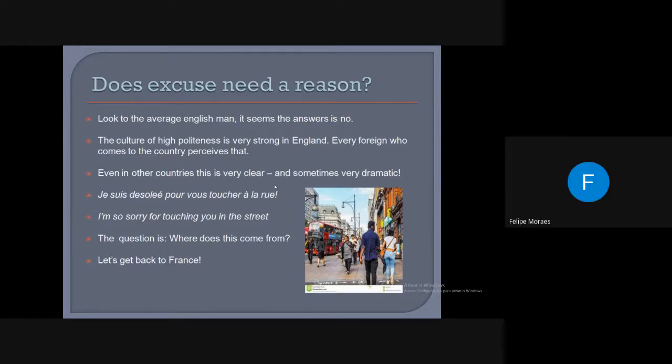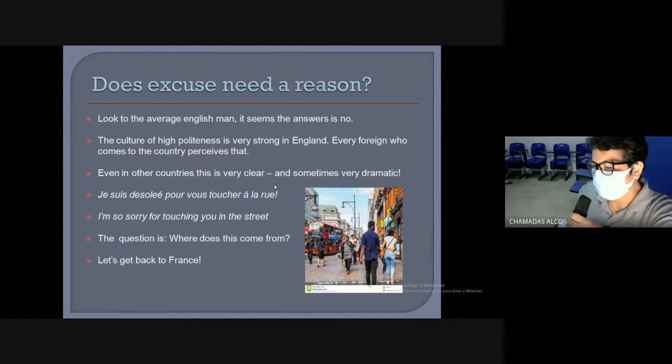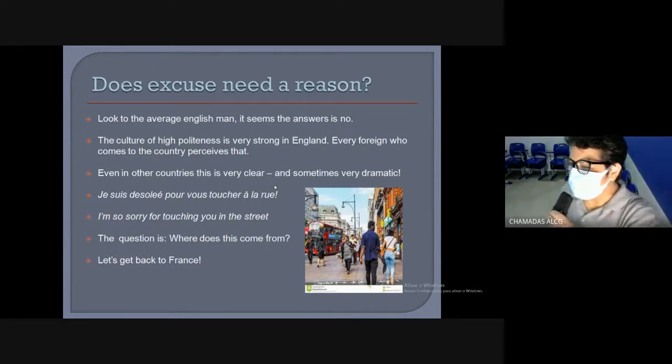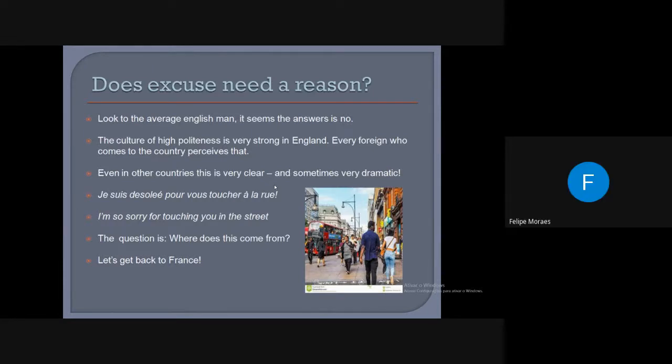I wanted to show this because désolé is literally desolated. It's very dramatic. Or there is another sentence in French we would say, je regrette. Je regrette. It's I regret this thing. It's very dramatic at this point. But the question is, where did this come from?